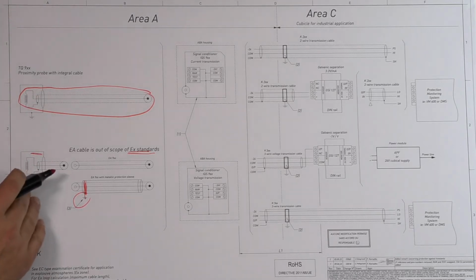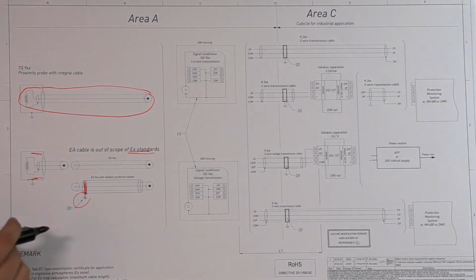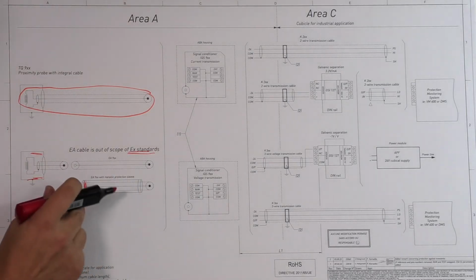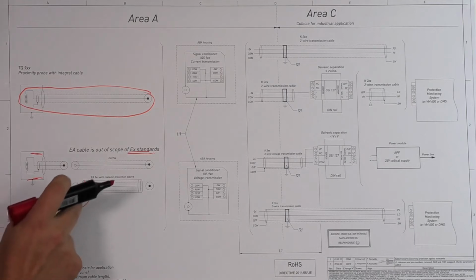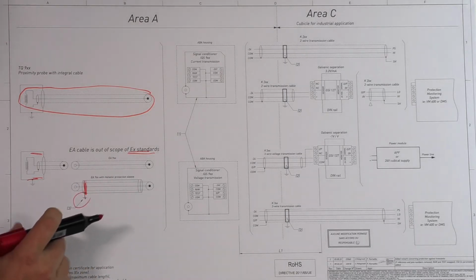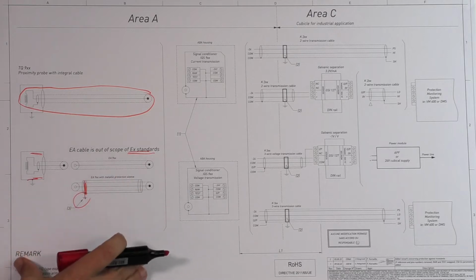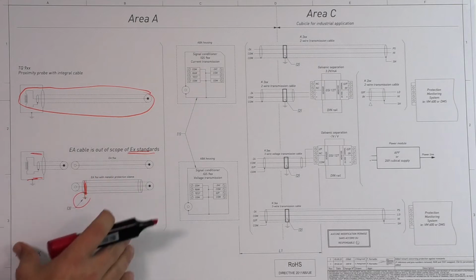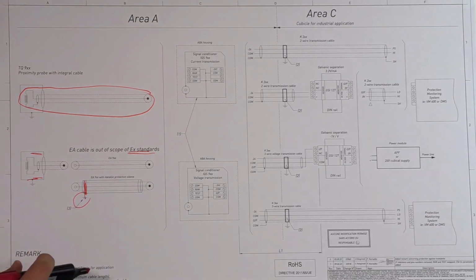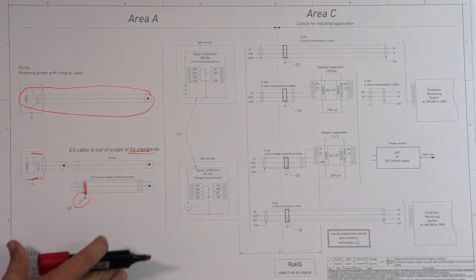It's designed for mechanical purpose but not for electrical purpose. So for ATEX standards, it's recommended to use a ground connection in the metallic protection sleeve, and this is because the EX standards require that every metallic part must be connected to the ground to properly dissipate any electrostatic charges.